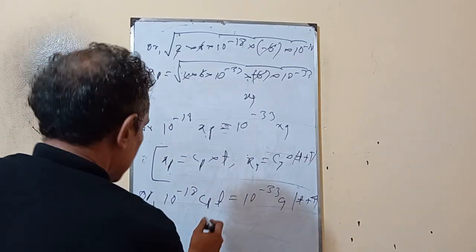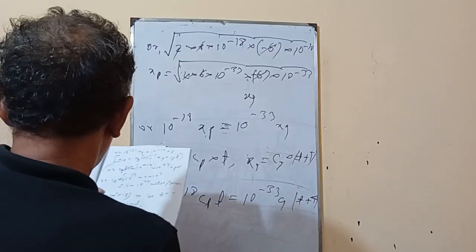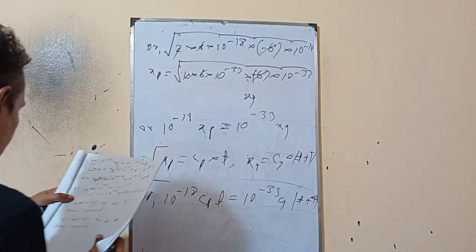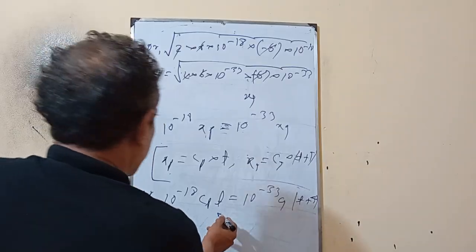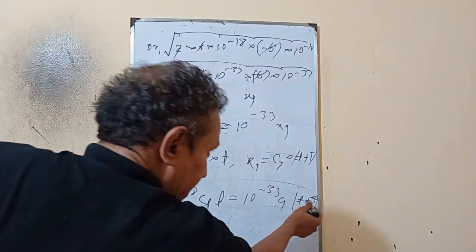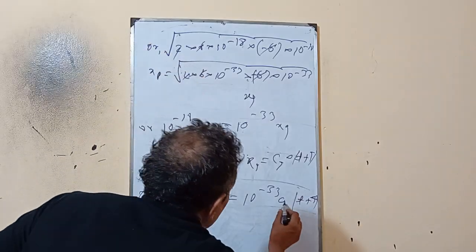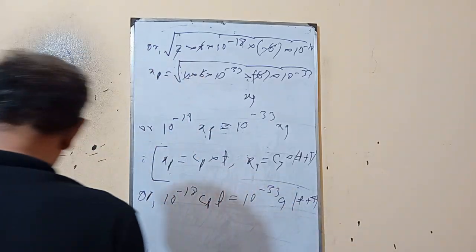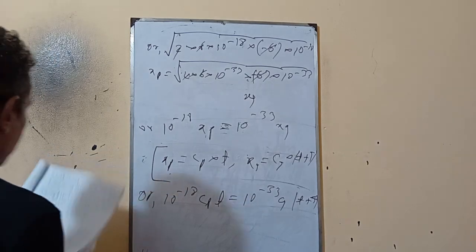Now we have to realize CG is the dimension, T is spacetime, and G plus T is spacetime. Okay, CG. So we have to calculate that CG.